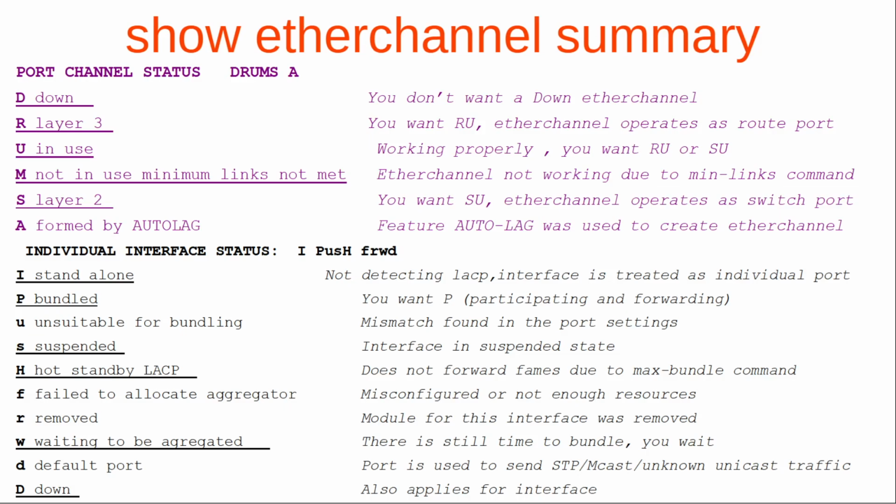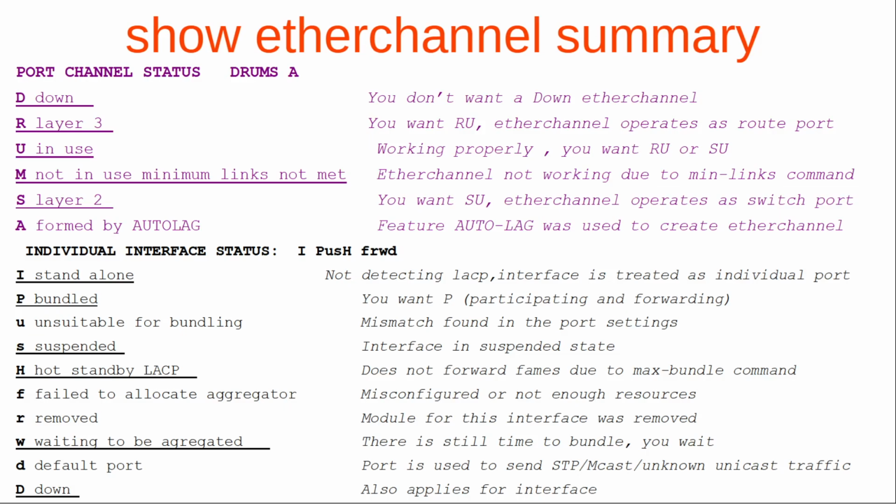If you see a capital A, that means that the EtherChannel was formed by the auto LAG feature. If you see a capital M, that means that your EtherChannel is not up, and that it wasn't able to gather the amount of needed interfaces in order to reach the min links setting.